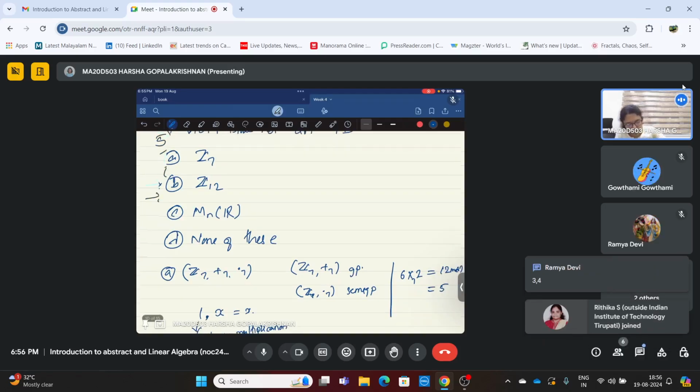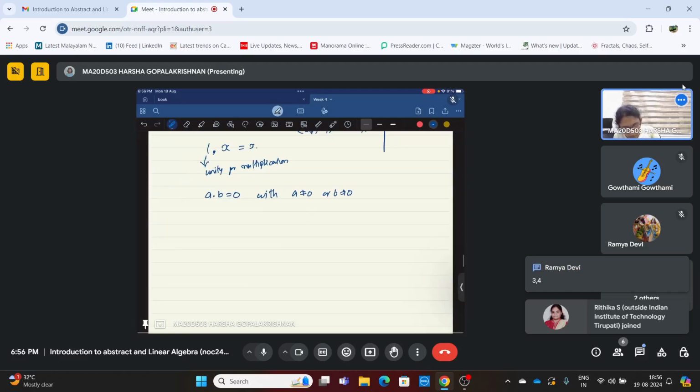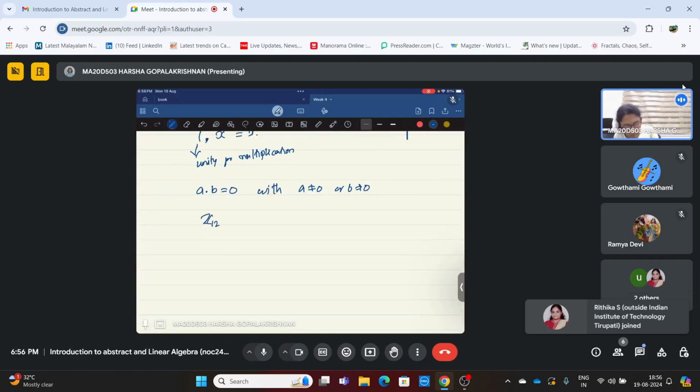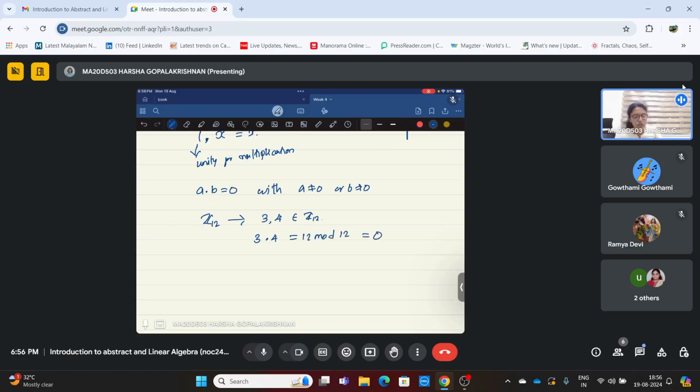Okay, very good. In set 12, if I am taking 3 and 4 from set 12, what is 3 into 4? It is 12. 12 means in set 12, 12 mod 12 which is equal to 0. So we got two non-zero element whose multiplication gives 0.